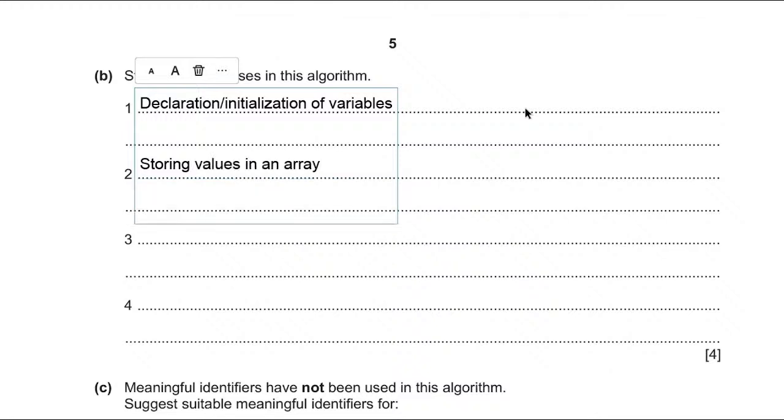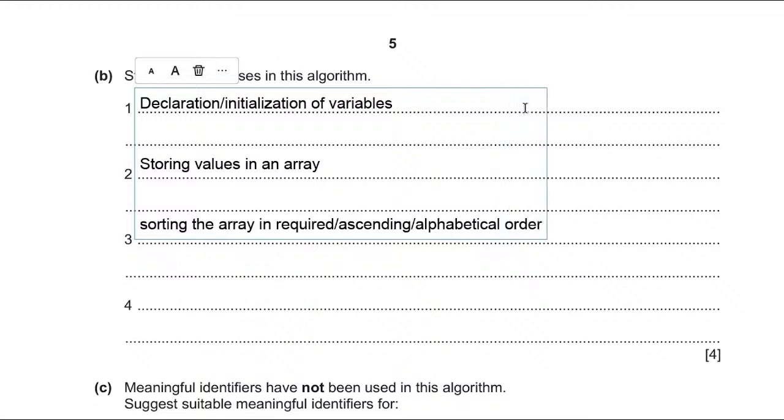That's also a process. Then sorting the array in required order or ascending or alphabetical order, and the fourth one displaying the array.